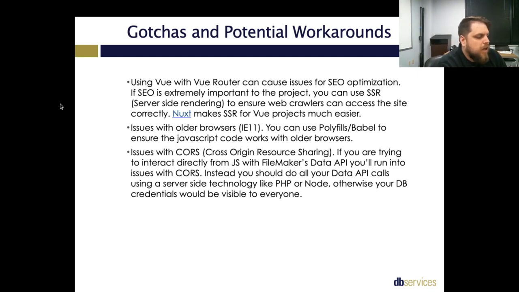A lot of the other ones like Bing, if you have a purely JavaScript page, it will not index everything. You can do things like server-side rendering to ensure the web crawlers can access it correctly. I use Nuxt. Nuxt is basically Vue, but with a few niceties added on so that you can do server-side rendering, and it makes it a little easier to get up and running with that.